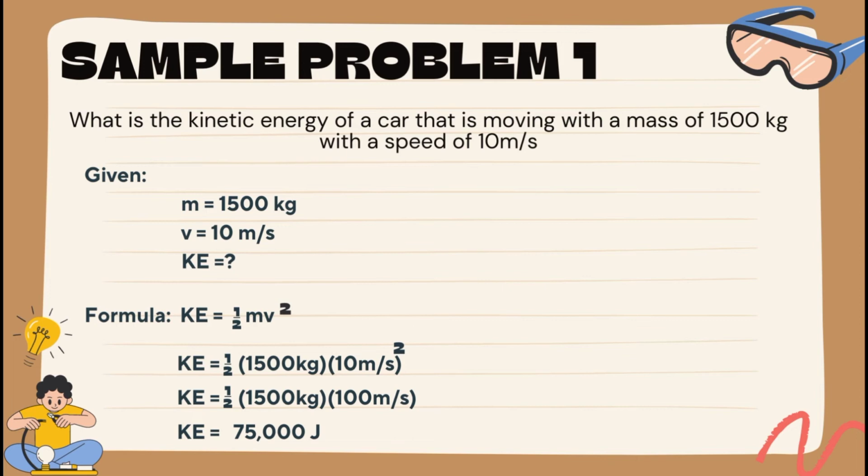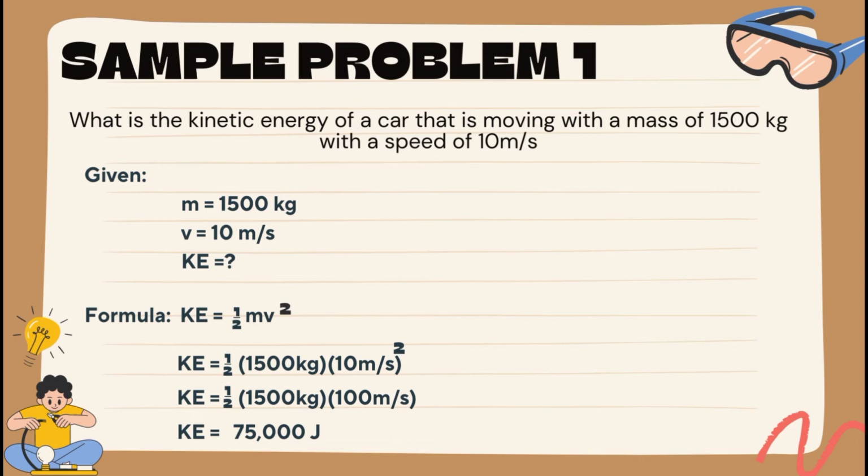Before getting the product, first get the square of the velocity. 10 meters per second squared is equivalent to 100 meters squared per second squared, so this would be our new value for the velocity.